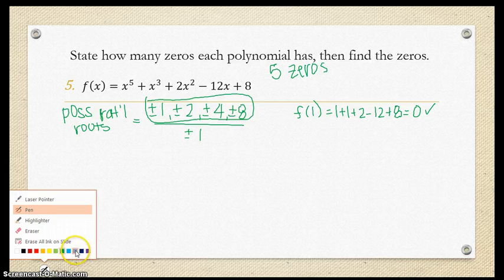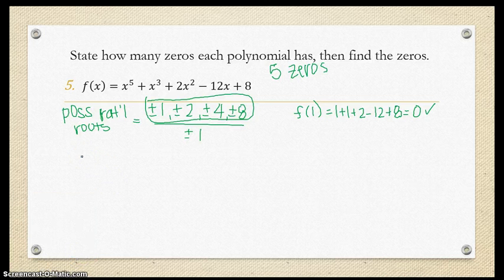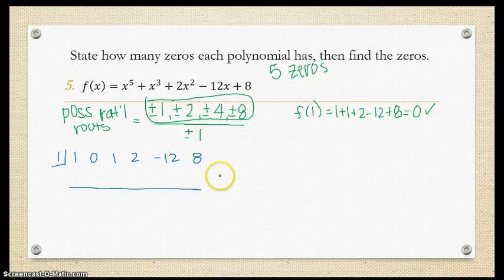I'm going to change color. So I'll put my 1 in here, in my little box, put all my coefficients out here. Don't forget to leave a spot for your x to the 4th. Go ahead and do your synthetic division.